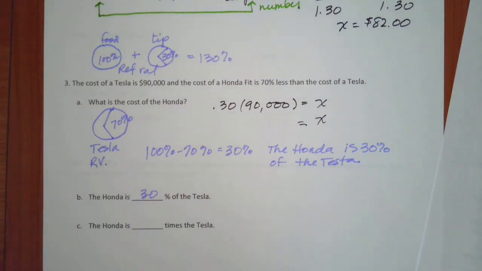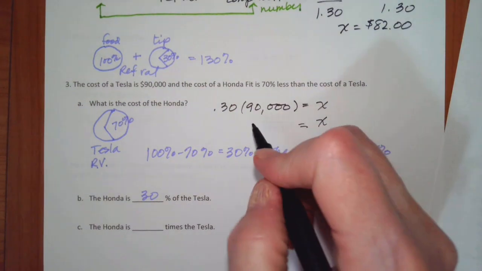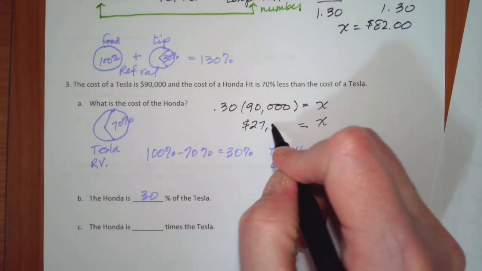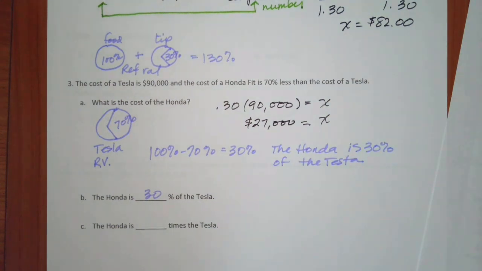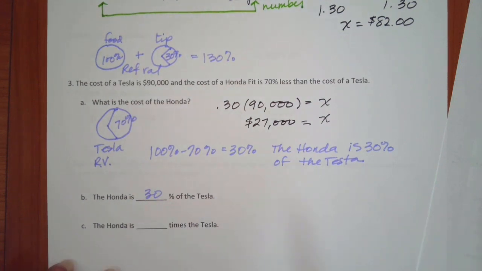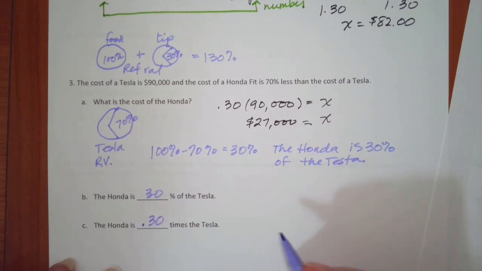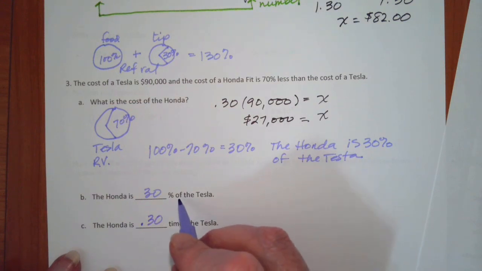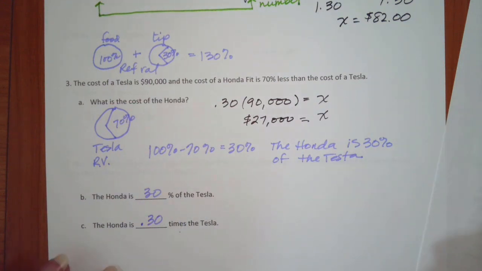So now I'm going to do 0.3 times 90,000. So that's 27,000. Okay. All right. The Honda is 30% of the Tesla, which means it is 0.3. Remember, times is the percent of as a decimal.